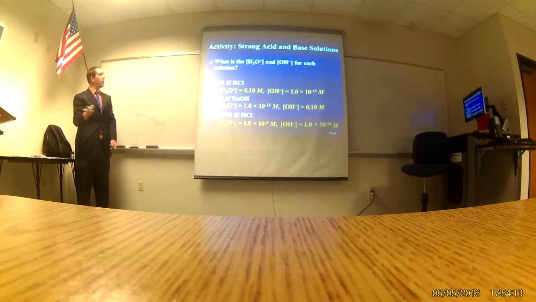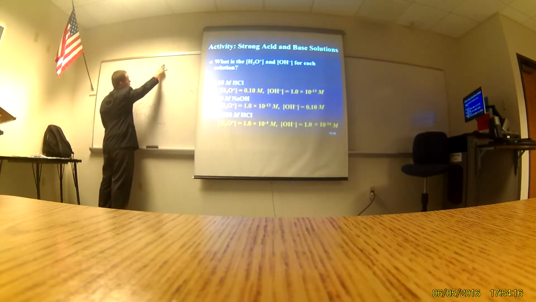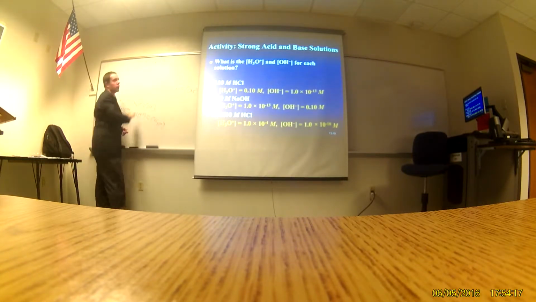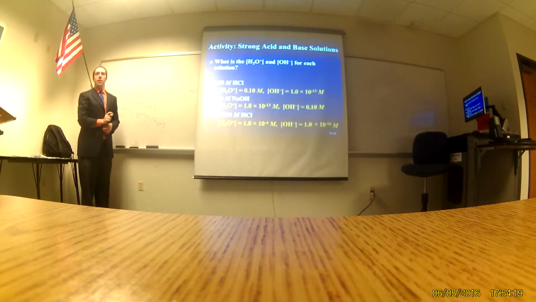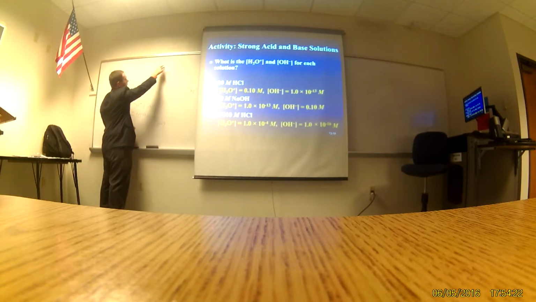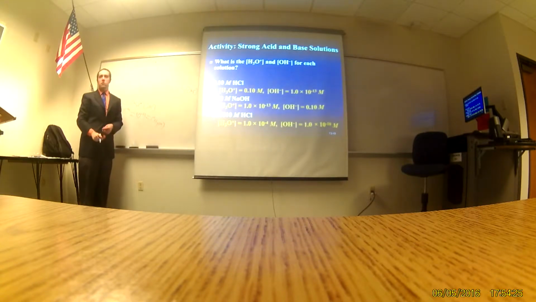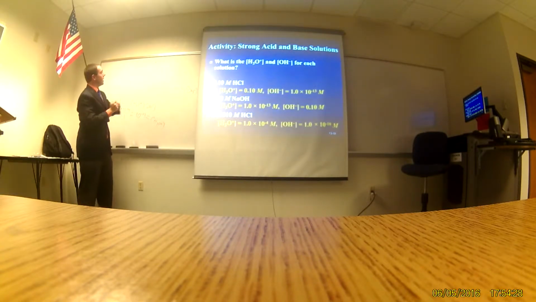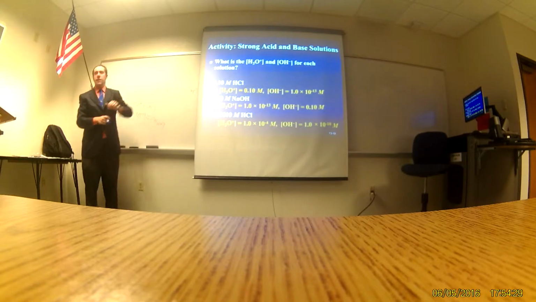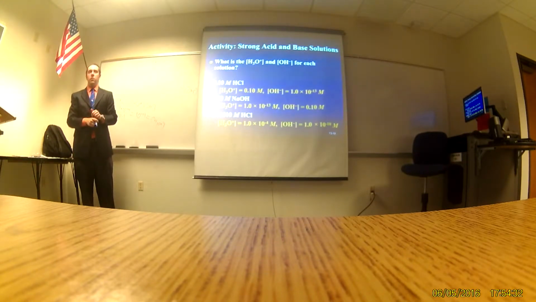Same thing. We get 2 OH minuses off of there. We take 0.1 times 2 is 0.2. Don't forget to look at how many hydrogens or hydroxides you get from each molecule.